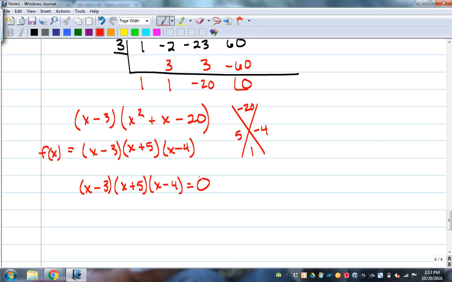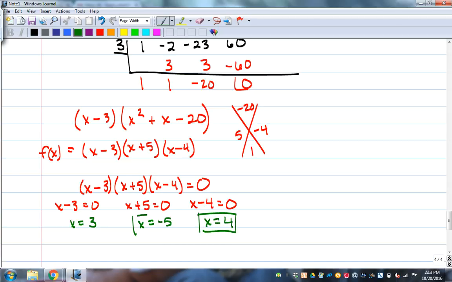That's what finding a 0 means. So x minus 3 equals 0, x plus 5 equals 0, x minus 4 equals 0. And then you just solve all three of them. Exactly. That's why I say that's the easiest part. Good job.